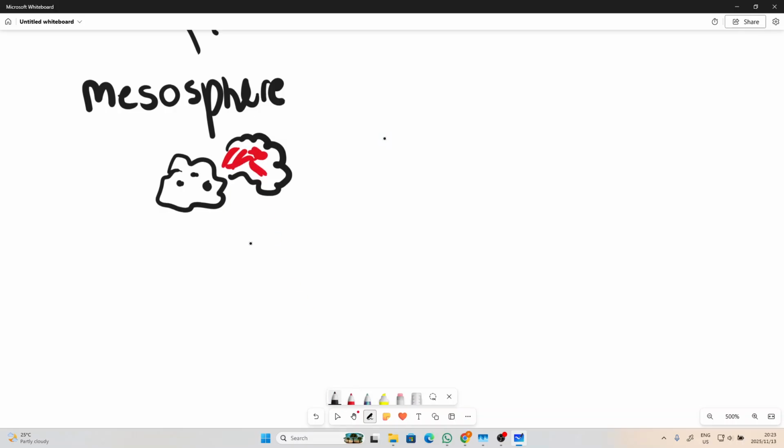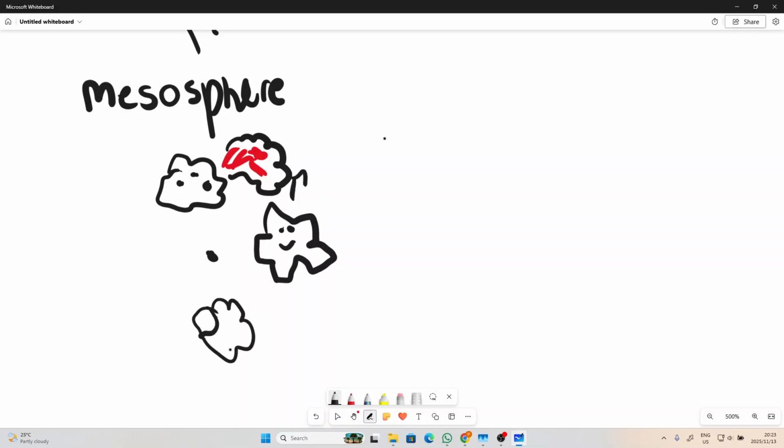This is where you get shooting stars, in the mesosphere. They move very quickly, so generally this is where it becomes too hot and burns up. If it's too small, it just burns up. If it's big enough, we may get a small portion of it, or not.